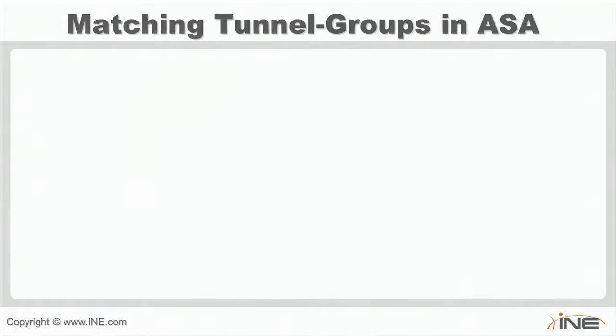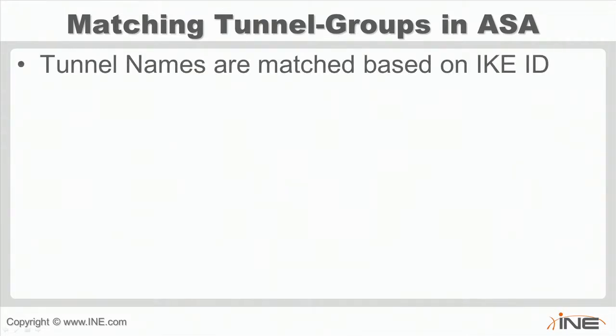Now, getting back to some of the specifics about the tunnel groups, the tunnel name is going to be matched against, and I'm talking about here when the ASA is receiving an IKE request inbound, so someone else is trying to initiate a tunnel into the ASA. The ASA is going to match the name based on the IKE identifier.